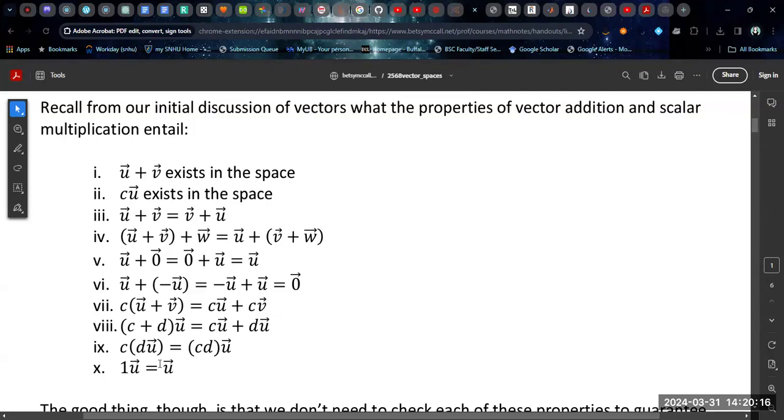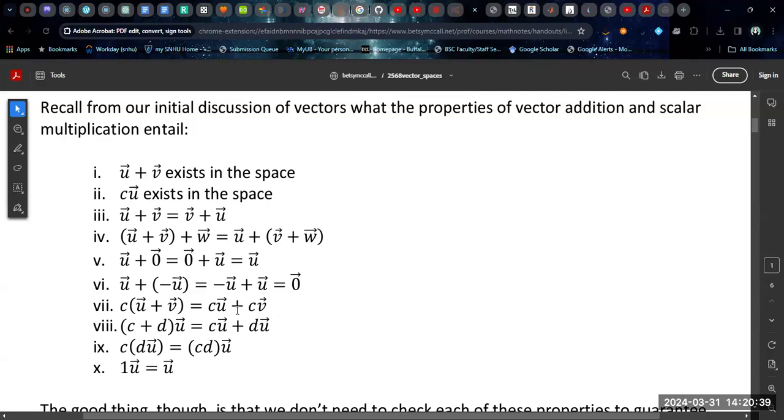So again, even though we don't think of functions as vectors in this context in linear algebra, because they satisfy all of these same properties, we can talk about functions in a vector space, or function spaces. And we will see some of that as we go through some of our examples.